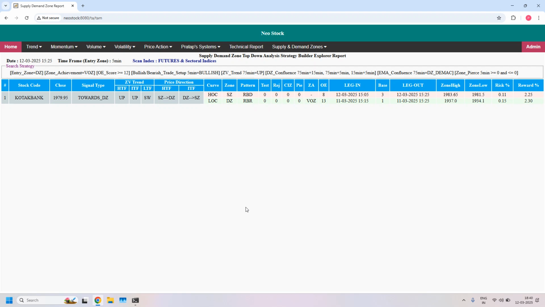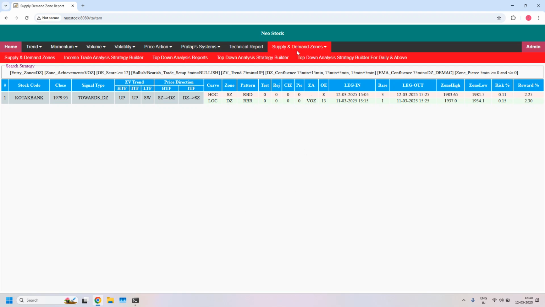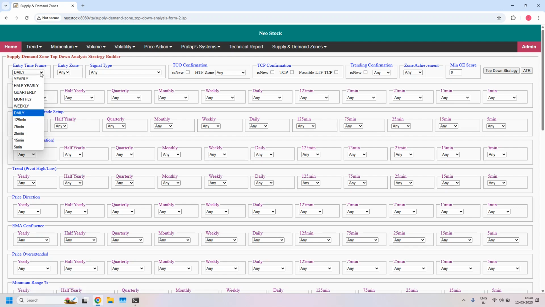Next, bearish trade setup for hourly income trade. Entry time frame is 5 minutes. Entry zone is supply zone. In bullish or bearish trade setup at 5 minutes, I am selecting bearish. And this 5 minute supply zone should have zone achievement violated opposing zone, and the minimum odd enhancer score should be 12.